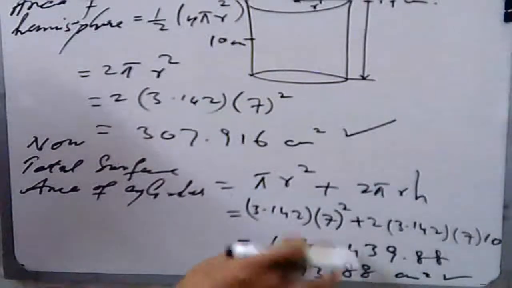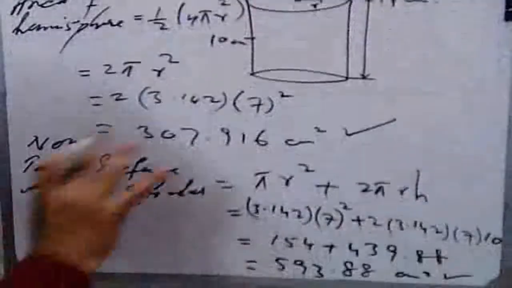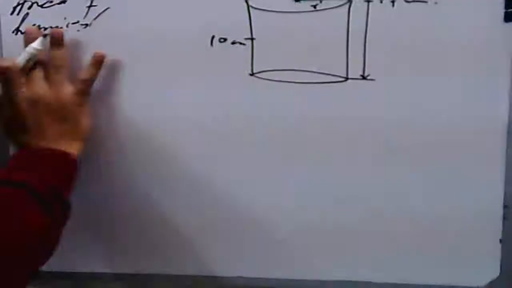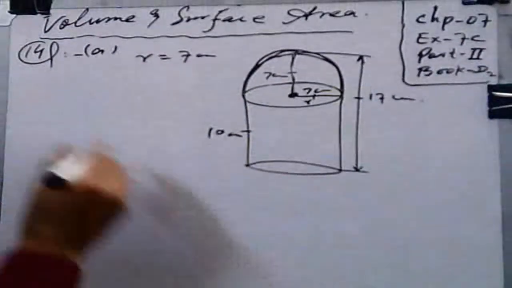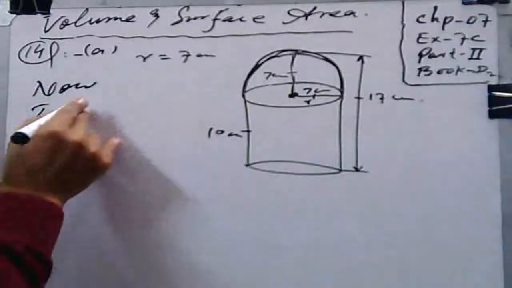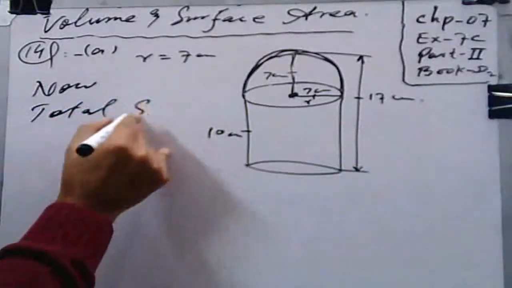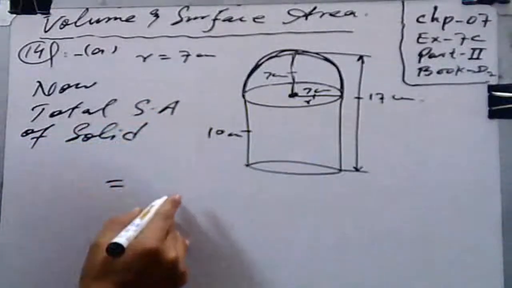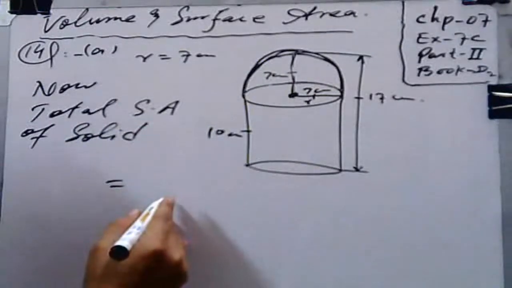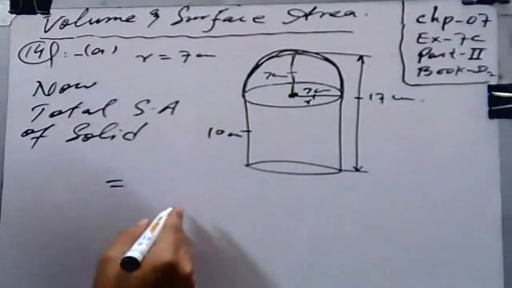So total surface area of the full fig, because this fig having hemisphere and cylinder, so that's why you can say that the total surface area of given solid or full fig is equal to area of hemisphere plus the total surface area of the cylinder.